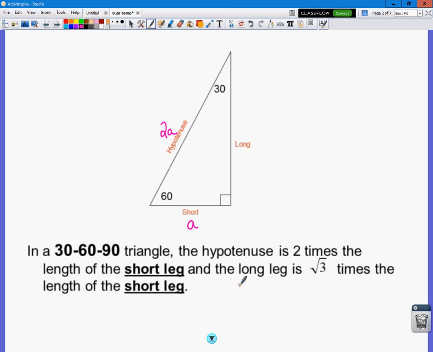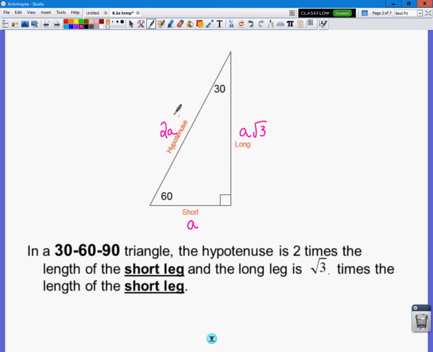It says the long leg is the square root of 3 times the length of the short leg. So if the short leg is A, the long leg is what? Okay, so I'm going to write down the short leg times the square root of 3. So I'm going to write A square root of 3 because it's implied that it's multiplication.